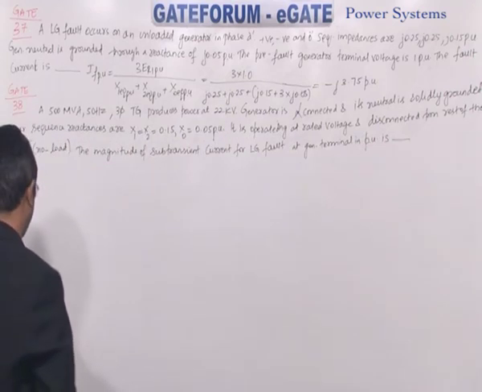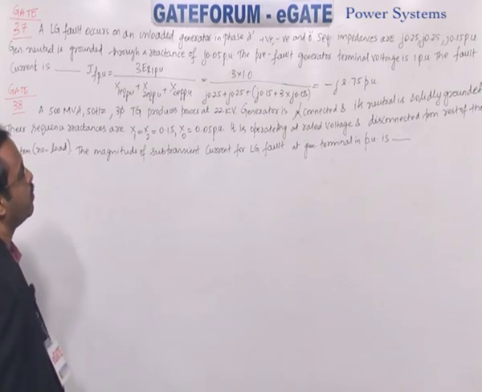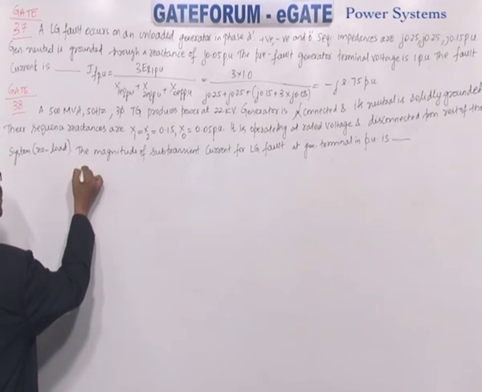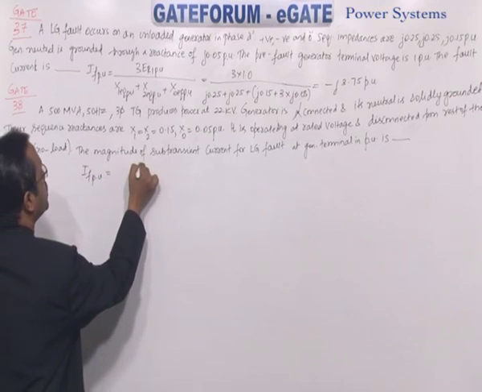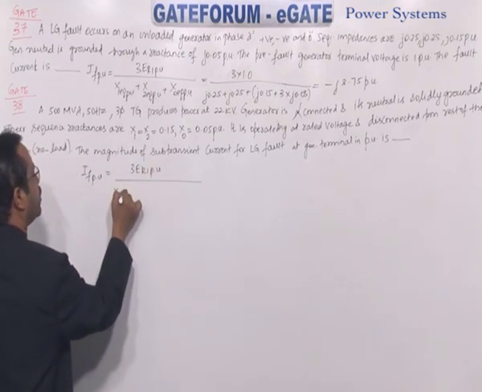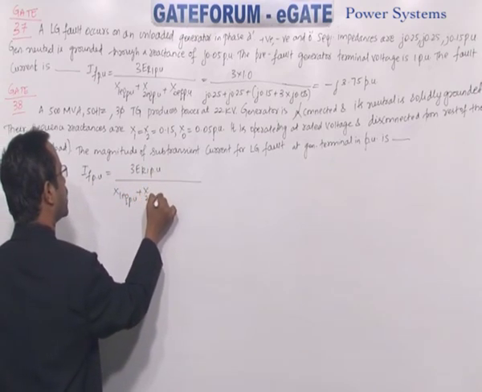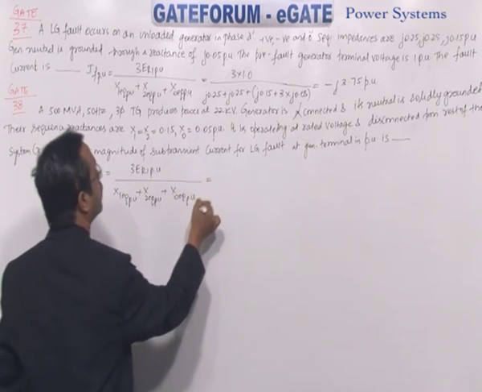So we have to calculate the magnitude of subtransient current. Subtransient means Xd double dash. With Xd double dash, we have the corresponding fault current. So what is the fault current for LG fault? 3 E_R1 by X1 equivalent plus X2 equivalent plus X0 equivalent.